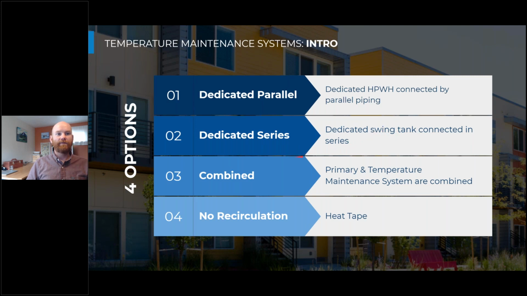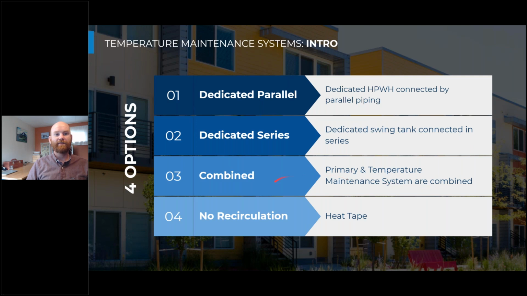And both of these are called out for in the Seattle Energy Code under the system design section, which is C404.2.3 something, I think .3 maybe. So these are great options for dedicated systems, or essentially a dedicated temperature maintenance system, to separate that primary and the temperature maintenance load to address the thermal stratification. And so we'll step through those both together.